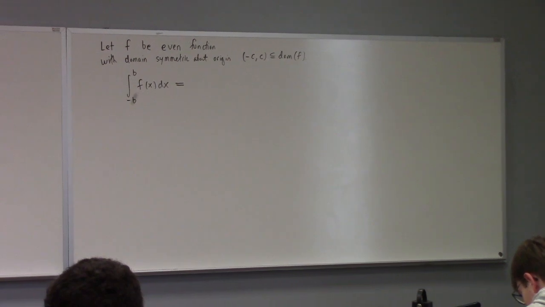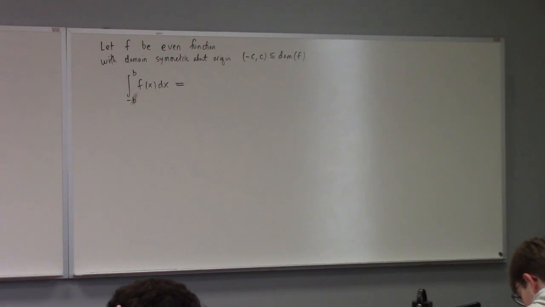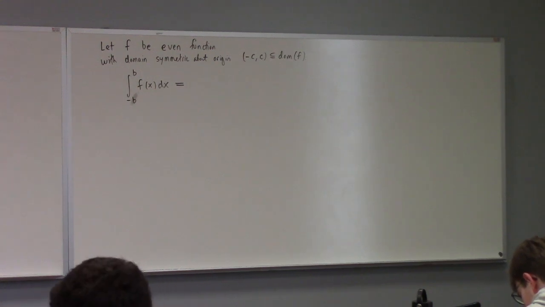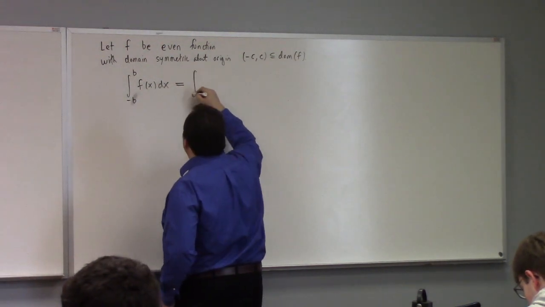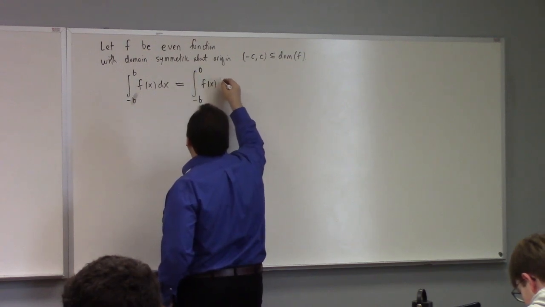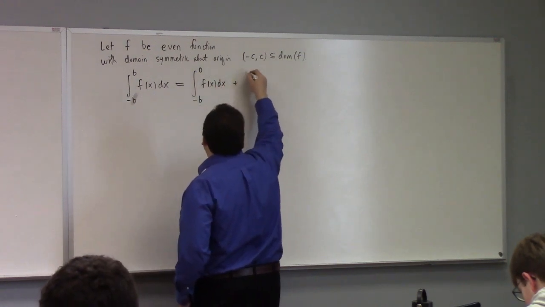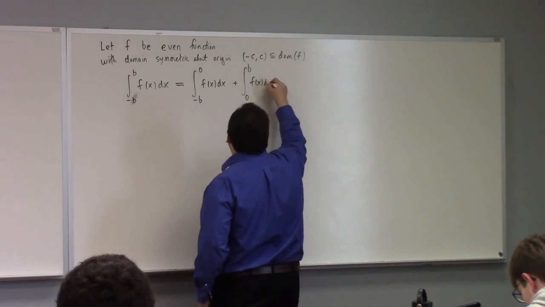Integrals from minus a number to a number are not bad, but they're not as simple as an integral from 0 to something, right? So if we can rewrite this as an integral from 0 to something, that would be nice. So let's work on that. First of all, this is the integral from minus b to 0 of f of x dx, plus the integral from 0 to b of f of x dx.